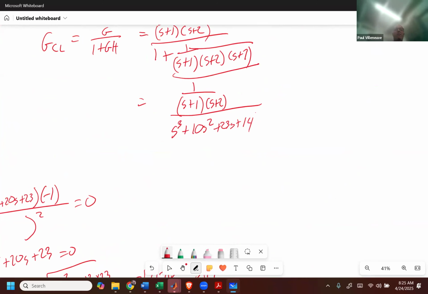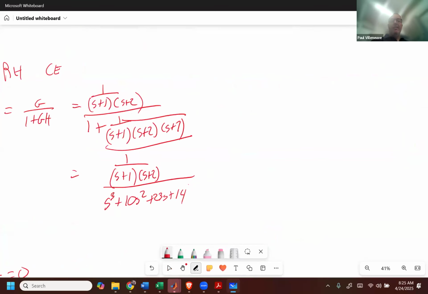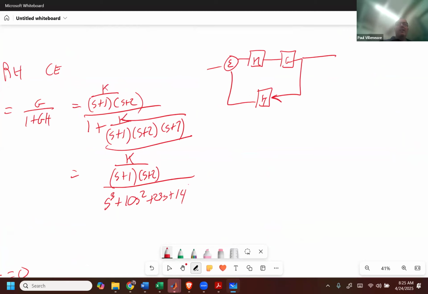But now don't forget, with my G here in my block diagram, I have a K term. Then I have my G, and then I have my H. So technically, I need to have a K term over here, don't I?